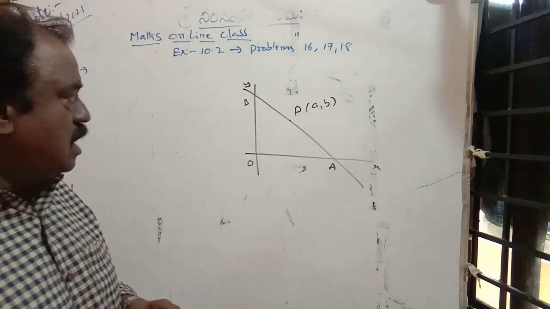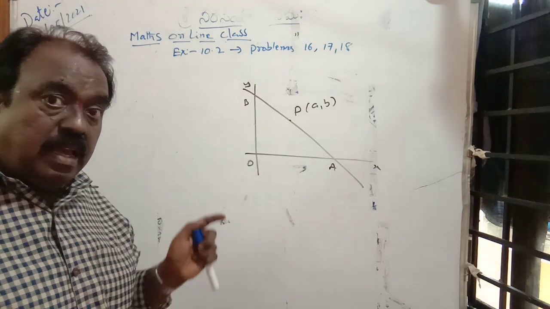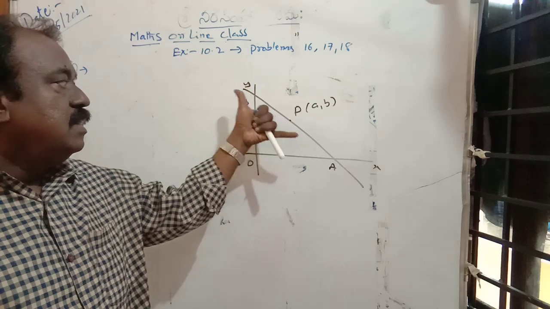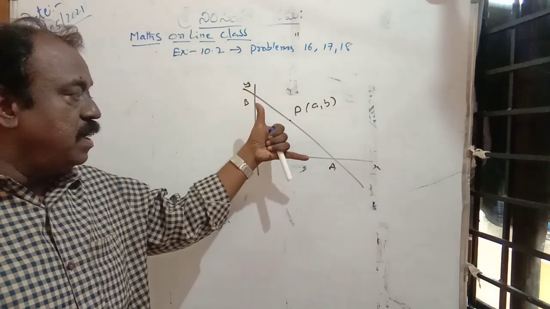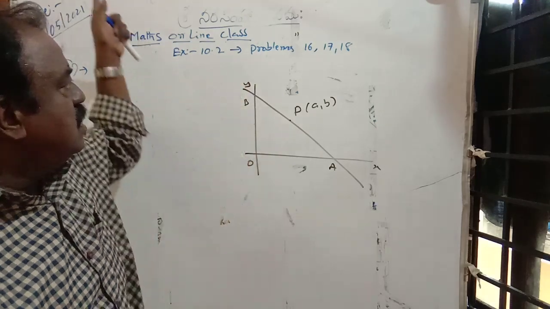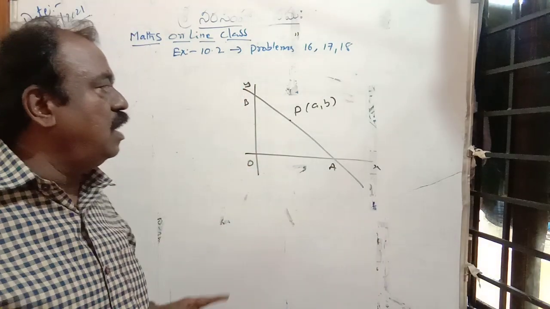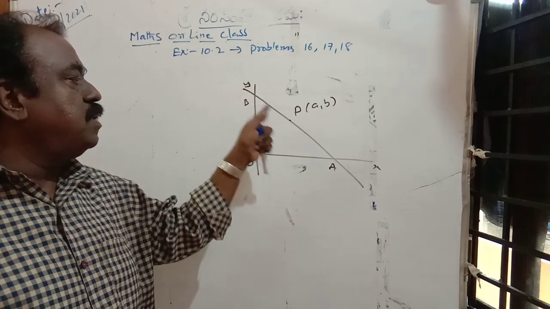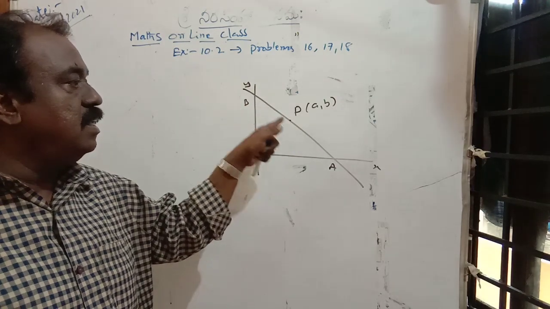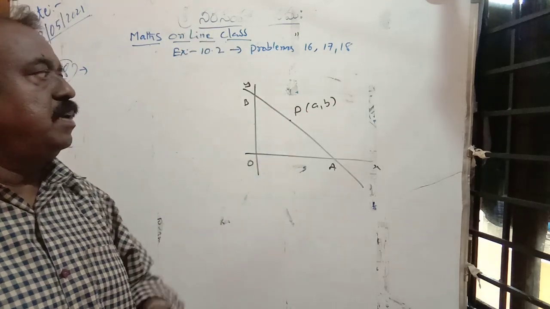You see, here capital AB is the line segment. Segment means a portion of a line. That line segment can be intercepted by the axes, coordinate axes. It is the required line. Okay now? That intercepted portion AB is bisected. AB contains the midpoint P(a, b).